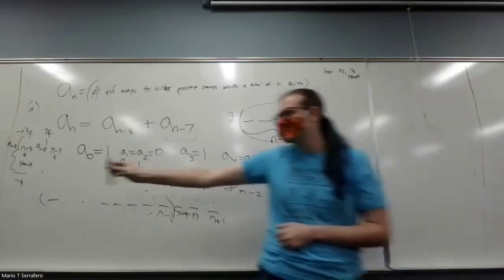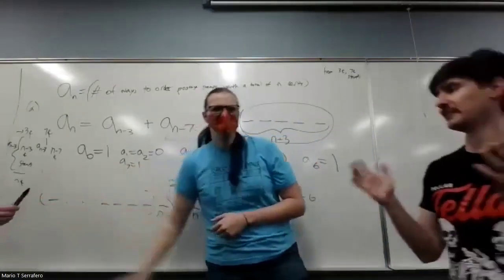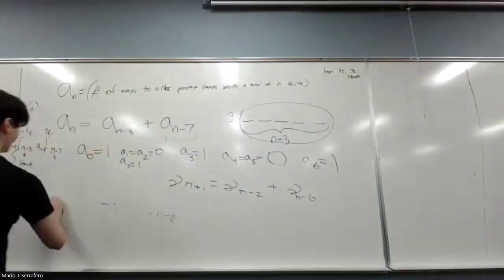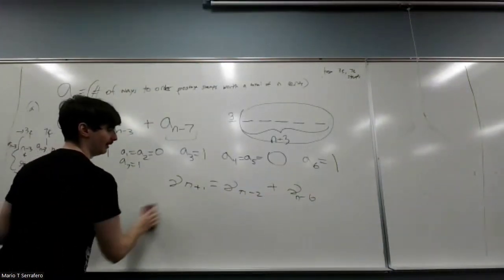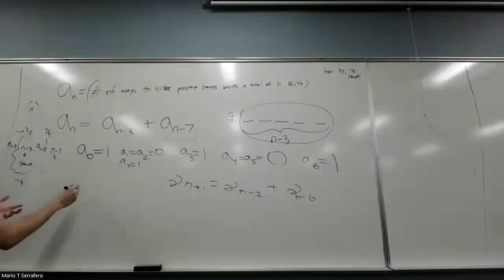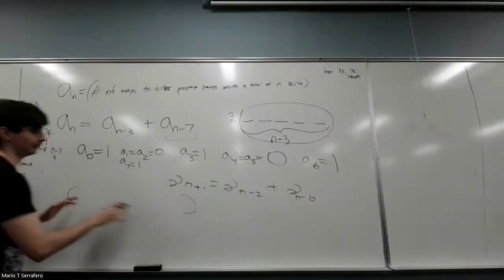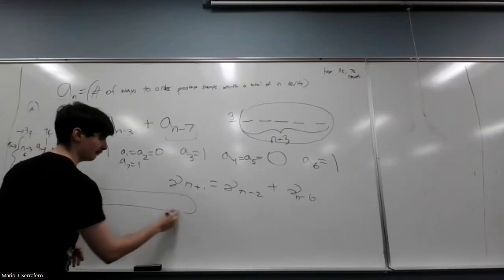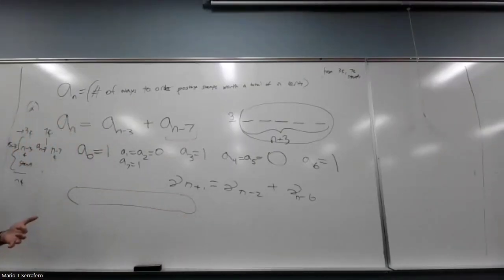Yeah. One last way of thinking about it that maybe works better. So let's suppose that this amorphous blob is my n cents from the stamps, right?